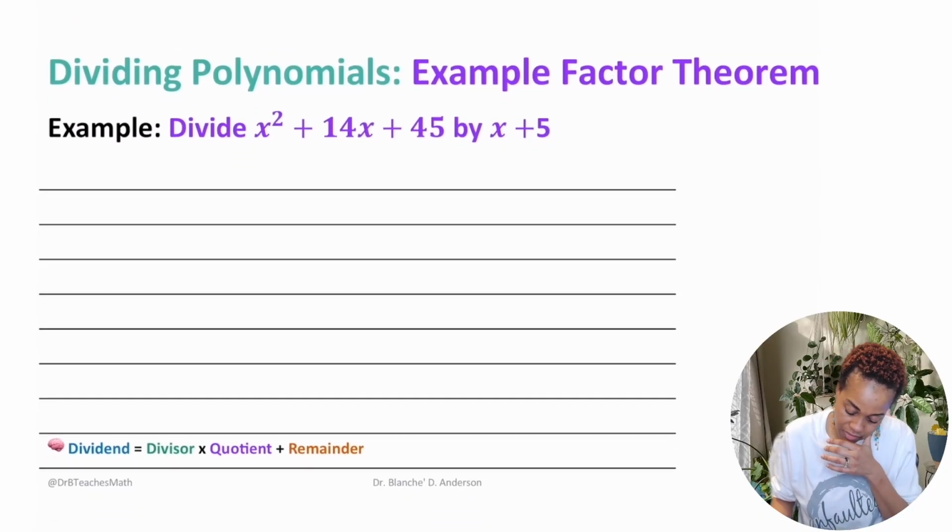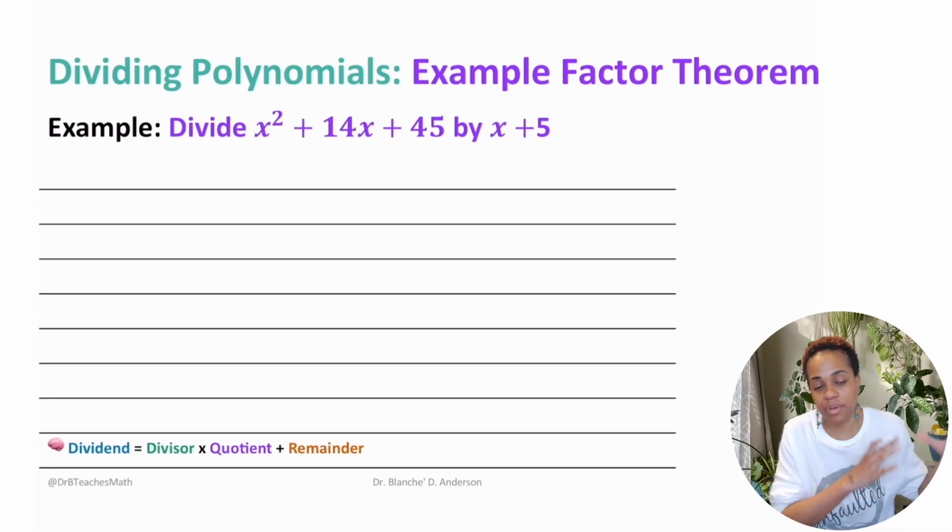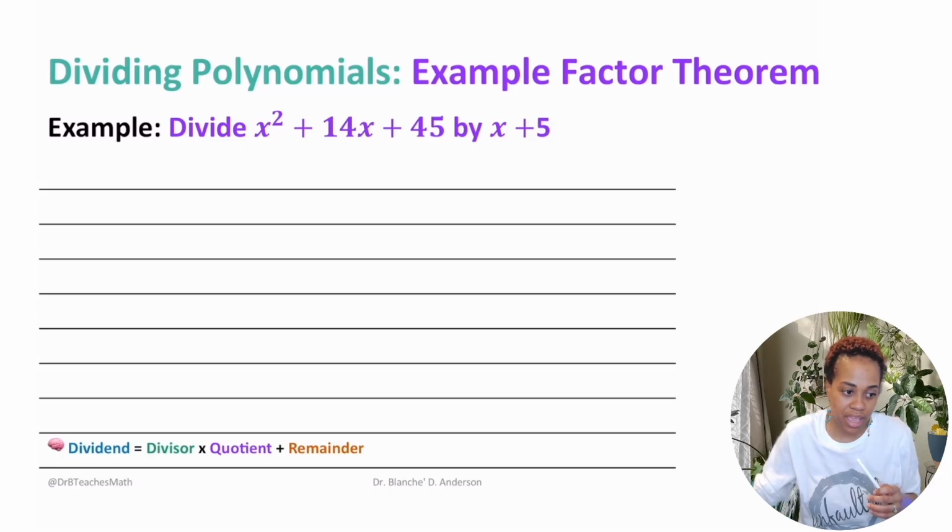Now, for the example of the factor theorem. Remember, it says that if the remainder is 0, then that means you can evaluate f at that value and it would also be a factor, or vice versa. You know that x plus 5 is a factor because when I evaluate the dividend at -5, I get 0.